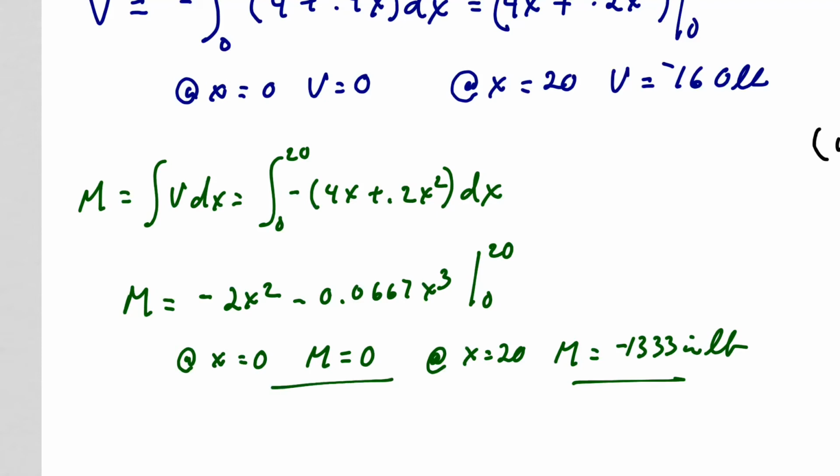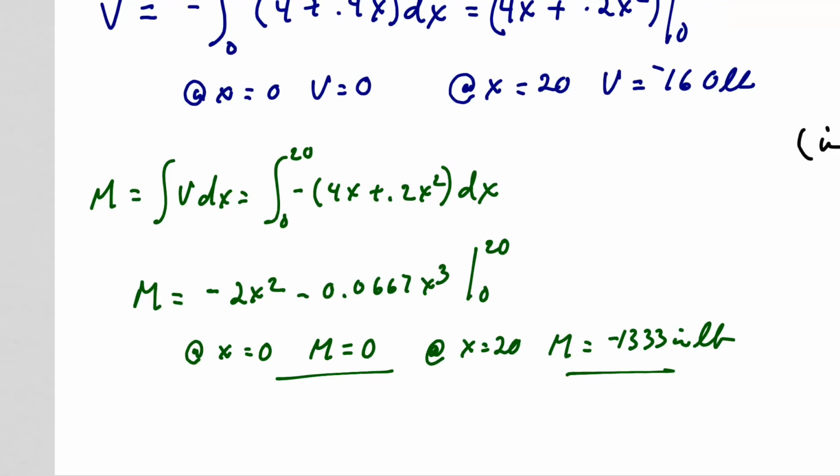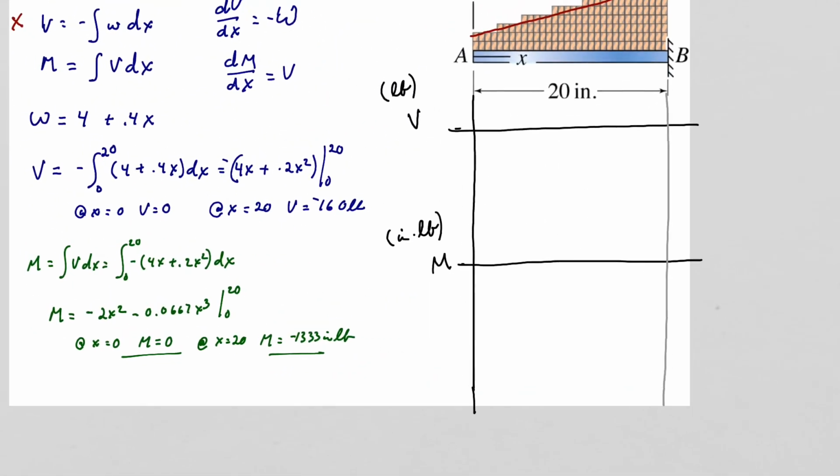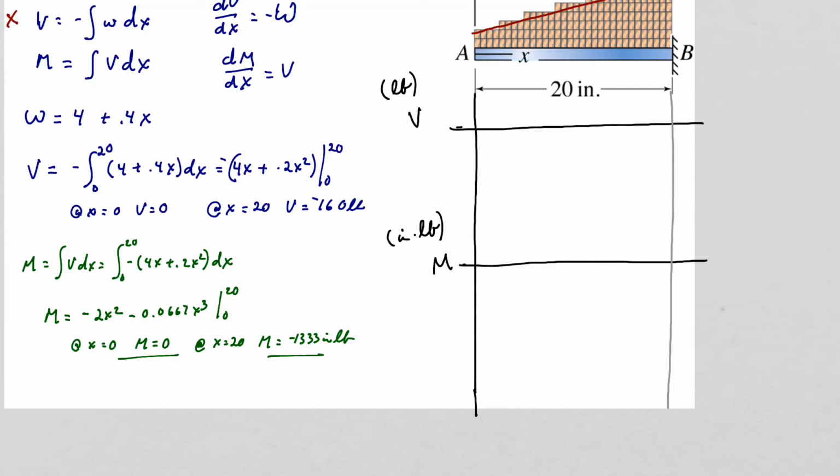Now we want to take a look at how this plots on our graph. So it starts out, for our shear, at 0, and it goes down to negative 160, some value over here.